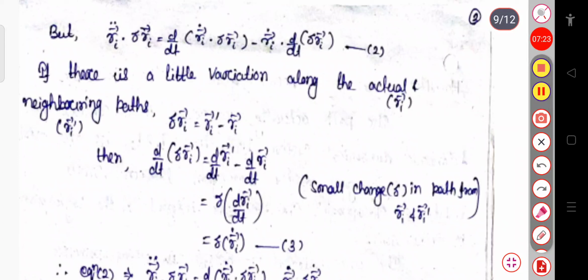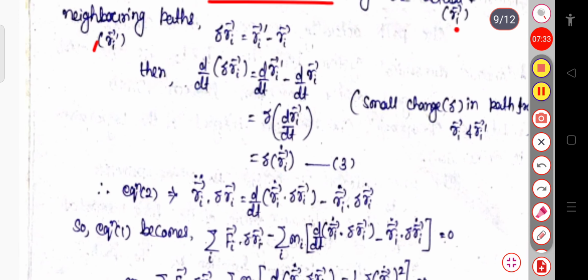Now if there is a little variation between the actual path r_i and the neighboring path r_i prime, where the prime represents the variation, then δr_i can be written as r_i prime minus r_i. Since there are two different paths, r_i and r_i prime, with a small variation between them, δr_i equals r_i prime minus r_i.